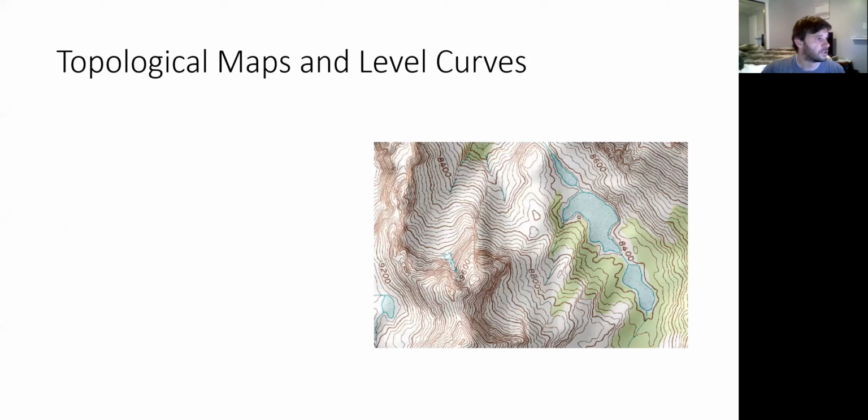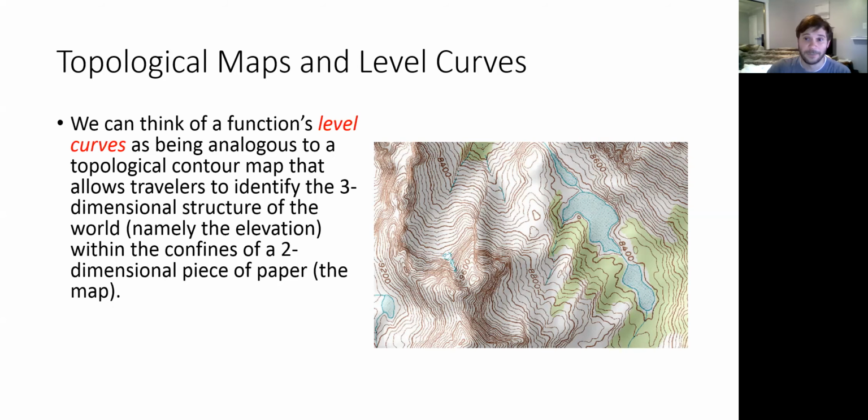There's a bunch of what looks like concentric rings, right? A bunch of non-overlapping rings here. And those different rings, we're going to refer to as the level curves. Again, we can think of this as being analogous to this contour map. What they allow travelers to do is, even though you're looking at a two-dimensional map, you can recognize the underlying three-dimensional structure of the world.